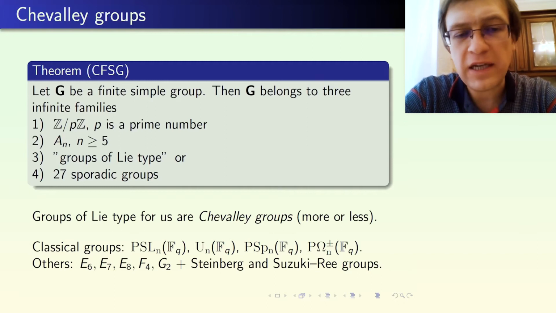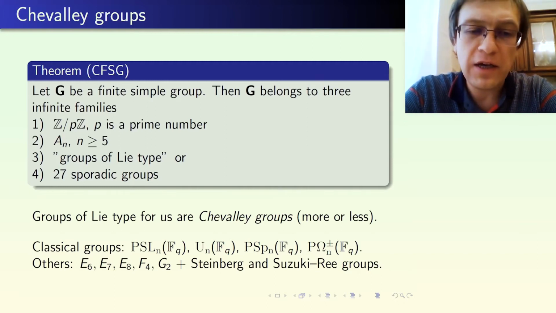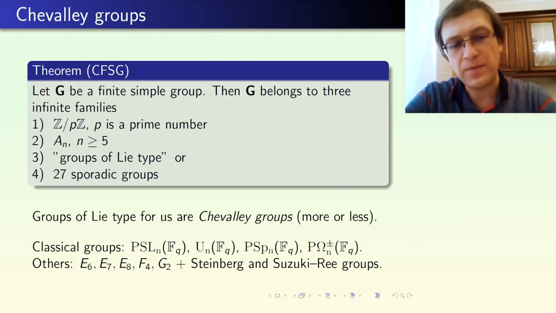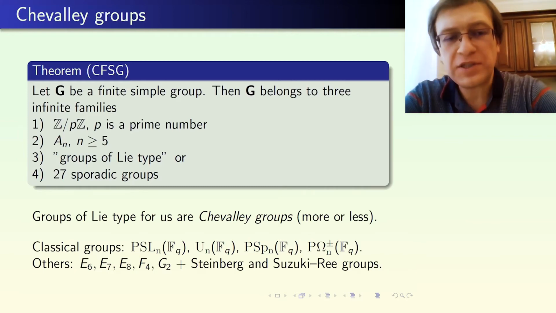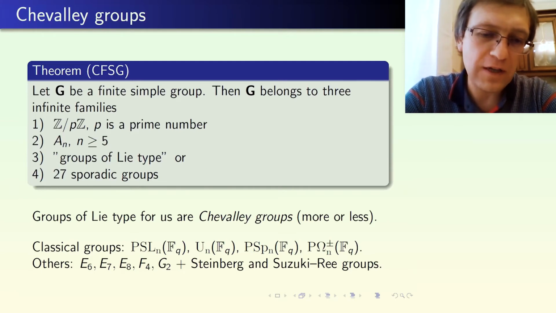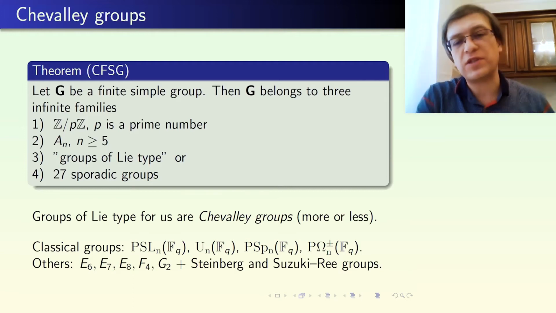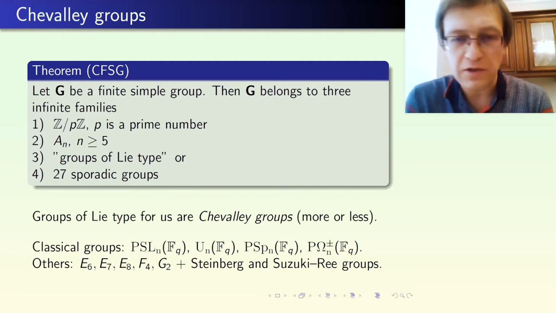These are so-called classical or matrix groups, which have matrix representations. Other Chevalley groups have no matrix representations, and these are E6, E7, E8, F4, and G2. Nevertheless, what does it mean? Also, there are a few series of other Chevalley groups, Steinberg groups and Suzuki-Ree groups.